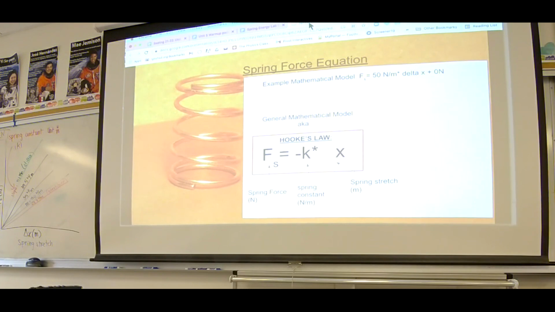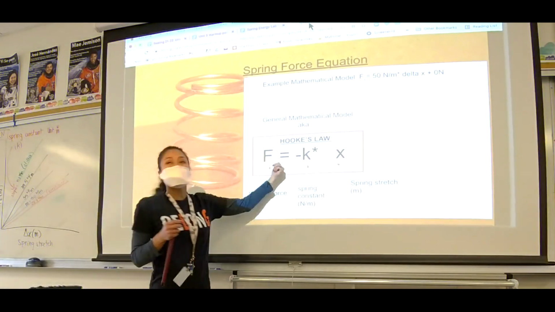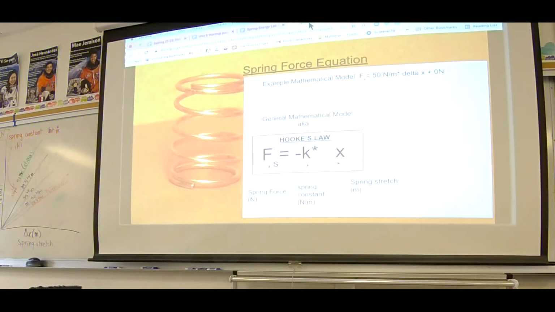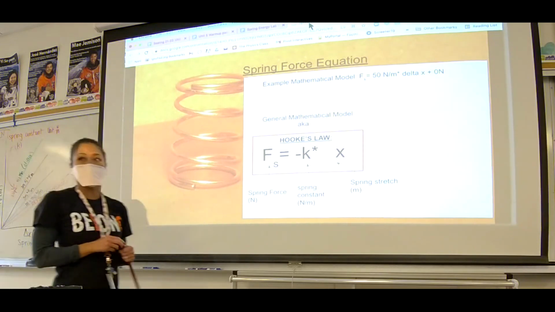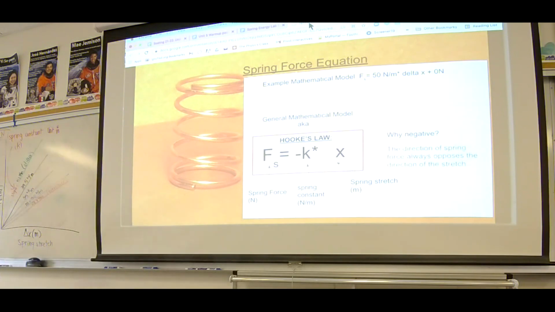It also opposes the direction you are stretching in, right? So if I'm stretching it to the right, my force is going to point in the opposite direction, and vice versa. If I pull my spring to the left, then the force of the spring is pulling me to the right. That's why there's a negative there. So why is it a negative? Because it opposes the direction of stretch.